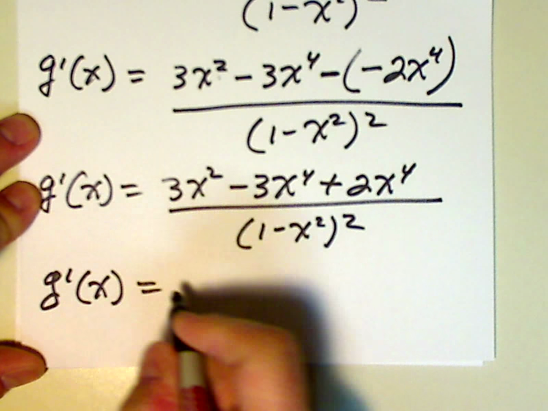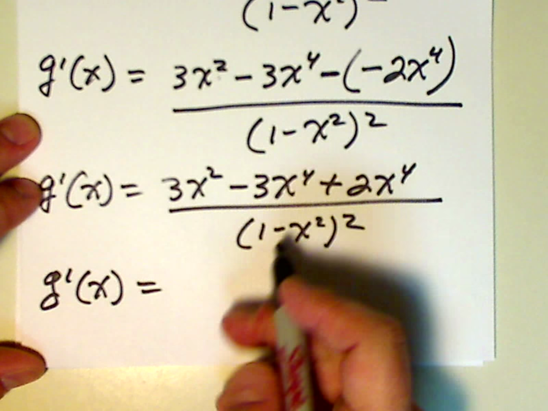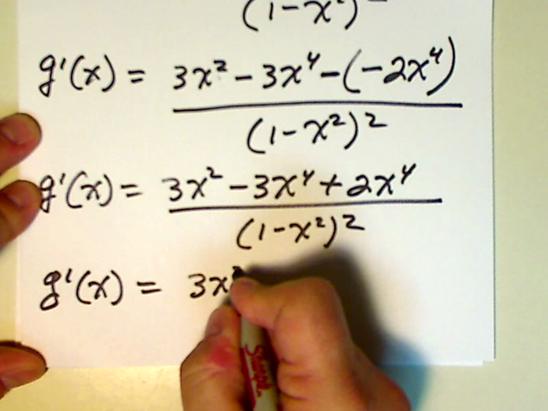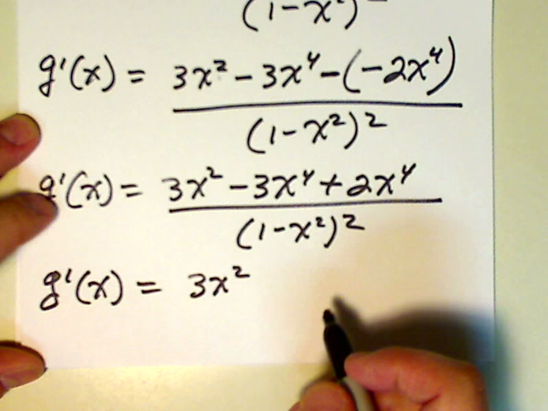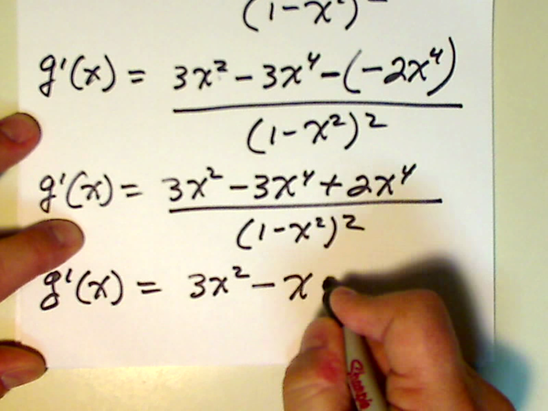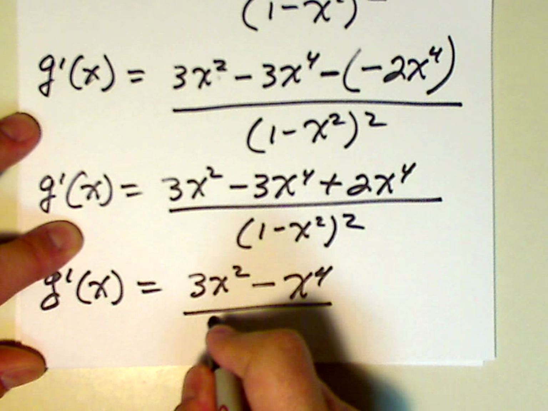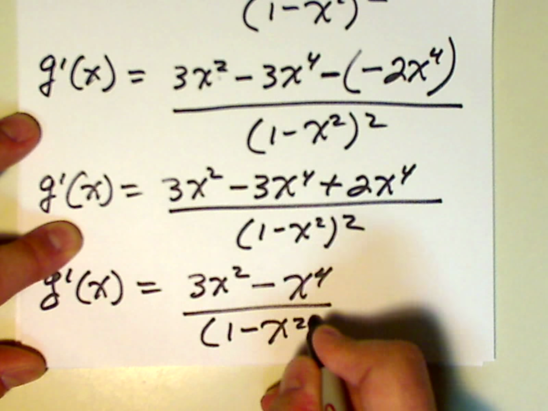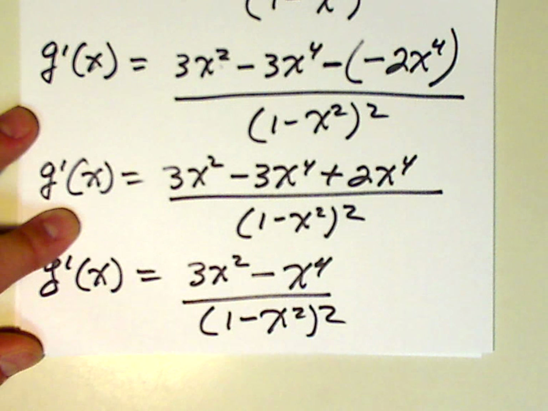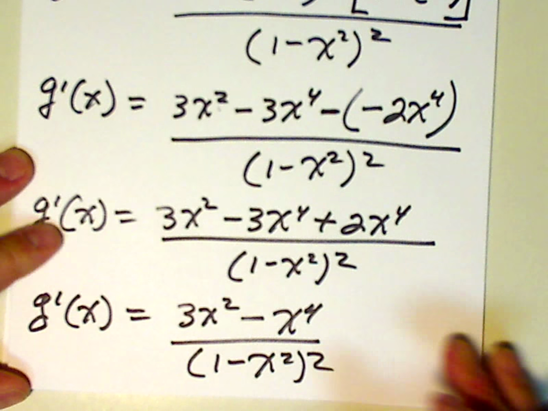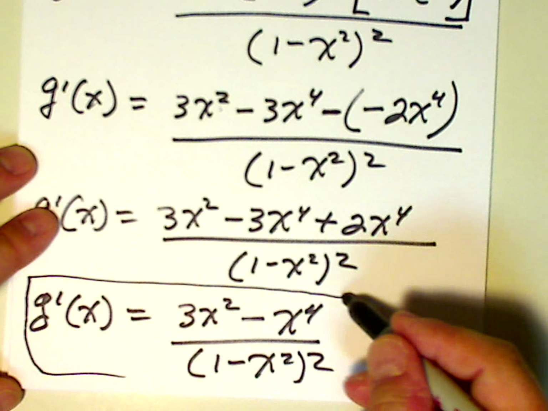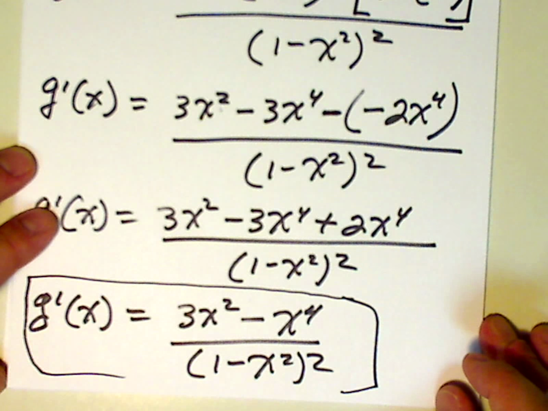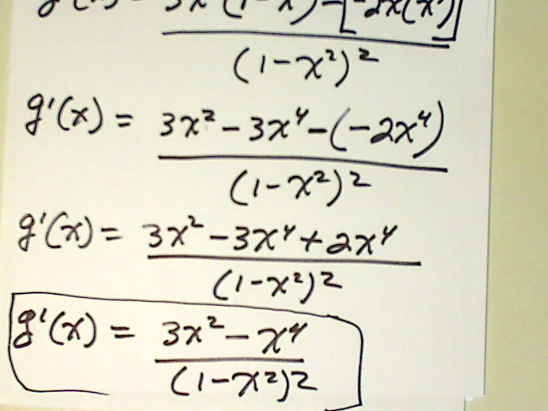G prime of x, we've got 3x squared minus 3x to the 4th plus 2x to the 4th, which is minus x to the 4th, divided by 1 minus x squared, squared. Okay, so that's it. We're not going to be able to go any further with this particular derivative.